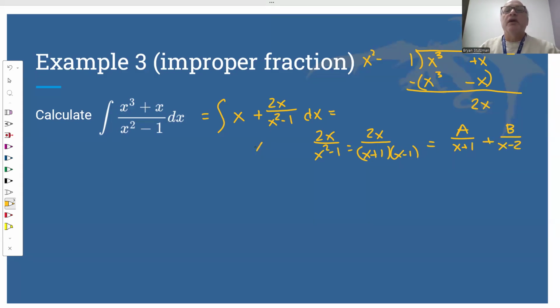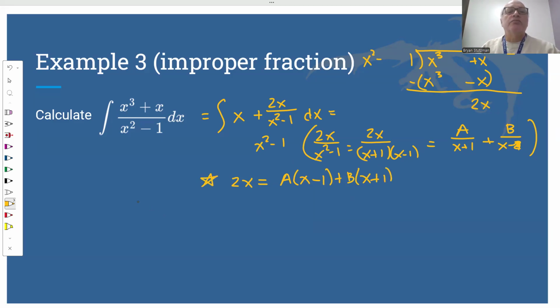Multiply both sides by my denominator. I'm left with 2x on the left. Multiply, I'm left with a times x minus 1, plus b times x plus 1.